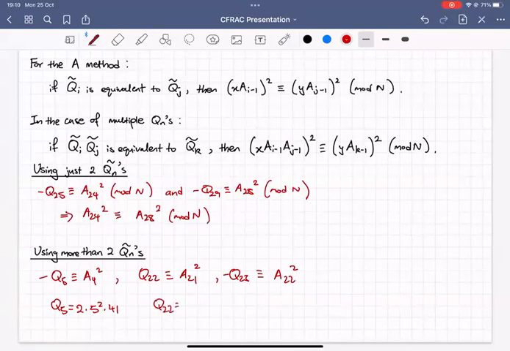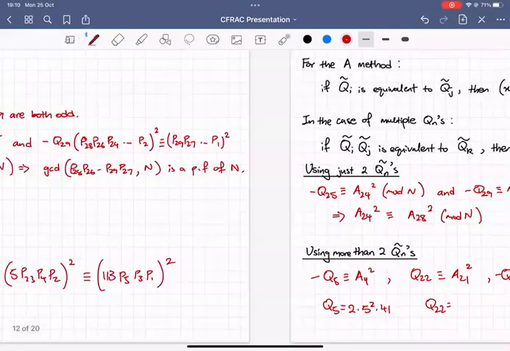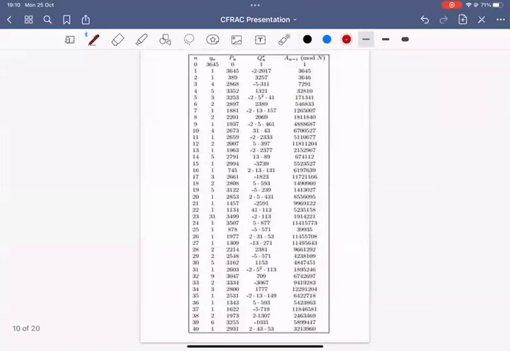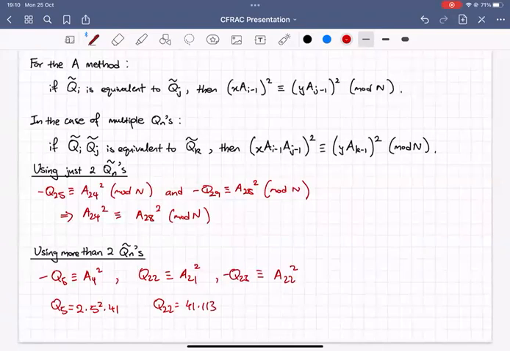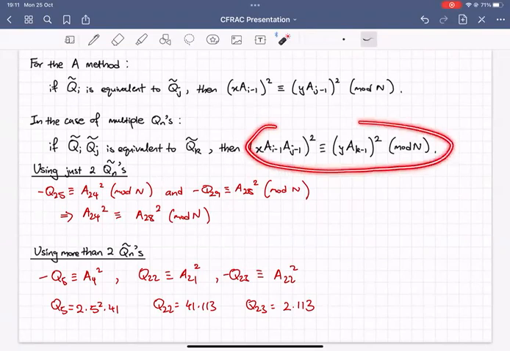Q22 is 41 times 113, and Q23 is equal to 2 times 113. So now you want to use this formula.